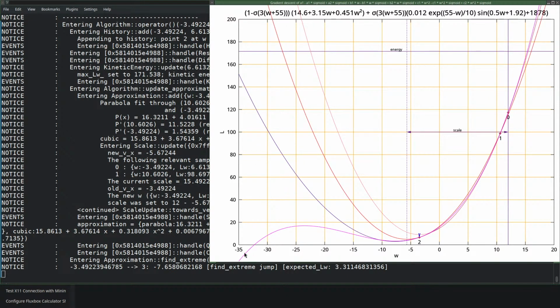Okay, so now it returned minus 7.6, which is definitely then not the vertex of this parabolic fit, but it really uses the correct one now, the minimum of the third degree one. Yeah, and it's called find extreme jump.